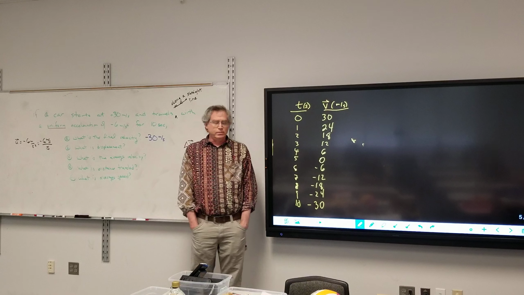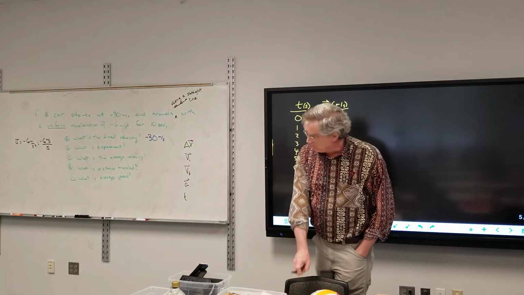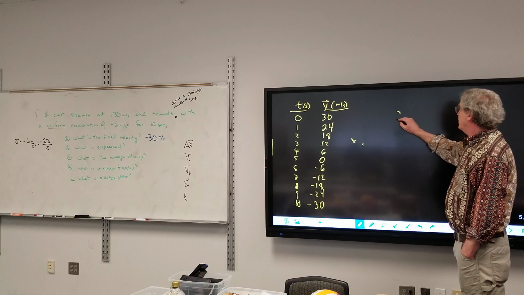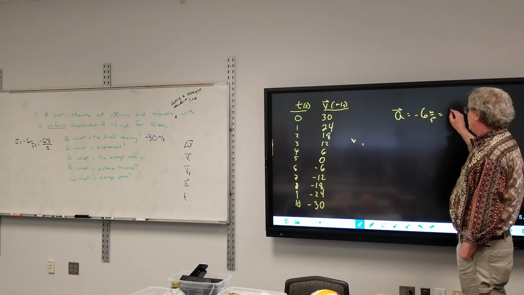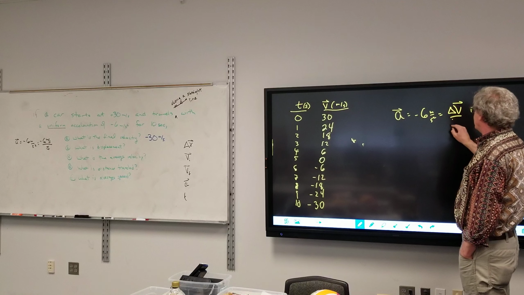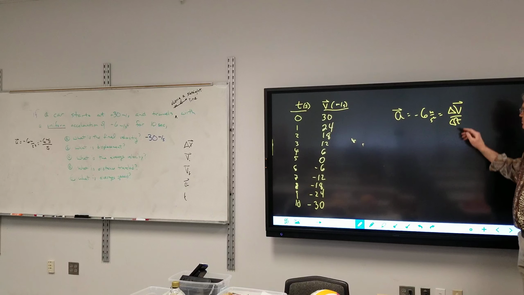A potential shortcut is I know that acceleration, negative 6 meters per second squared, is the change in velocity over the change in time. Again, that capital delta just means change.